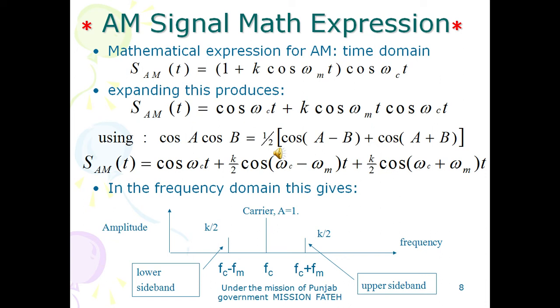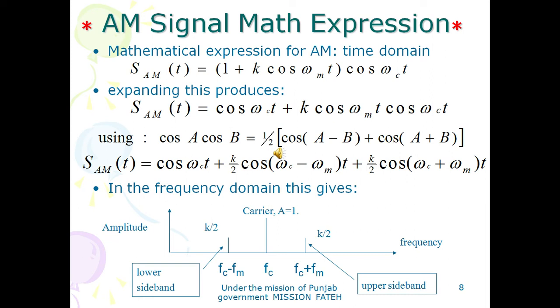Then put the value of Vm, that is Vm sin omega mt. So the amplitude of the amplitude modulated wave A is equal to Ac plus Vm sin omega mt. Now we know that K is the modulation index, that is equal to modulating voltage upon carrier voltage, so that K is equal to Vm upon Vc.